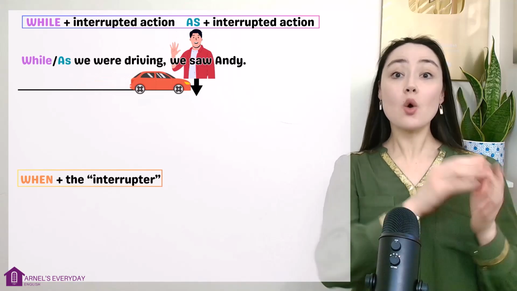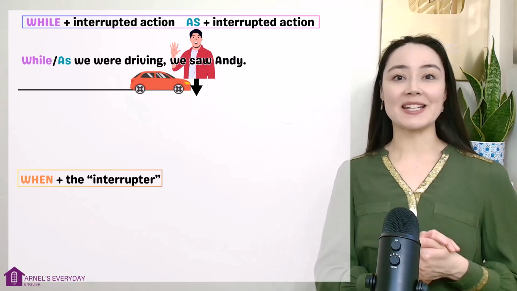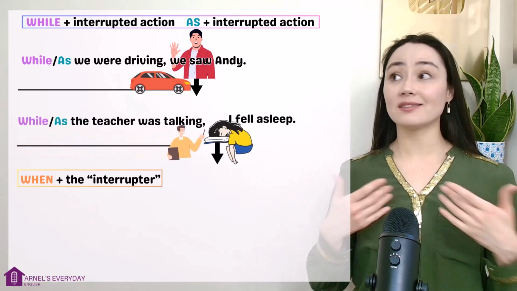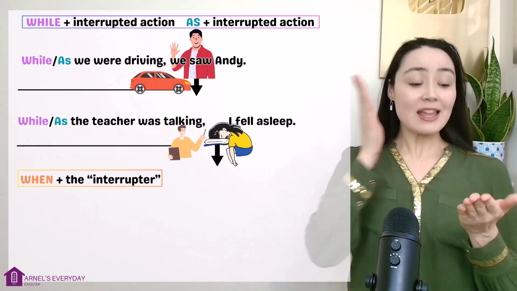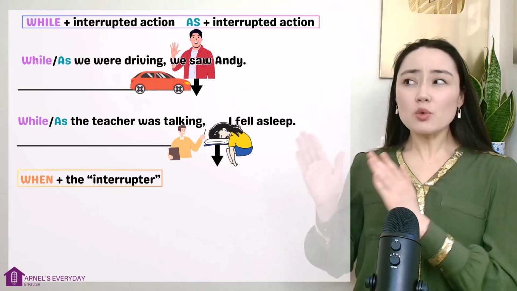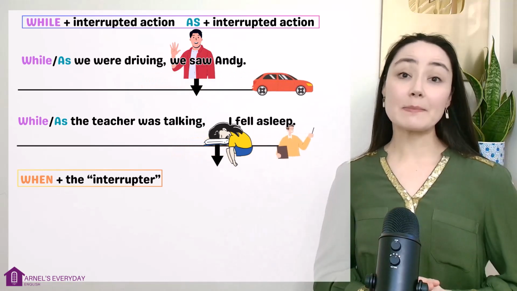You can see, while we were driving, this action is interrupted. While, as the teacher was talking, I fell asleep. You can see the teacher was talking. This action is interrupted. And whether the original action continues or not is not important.